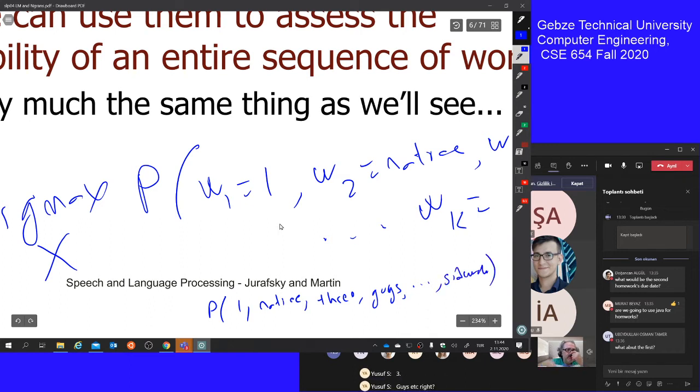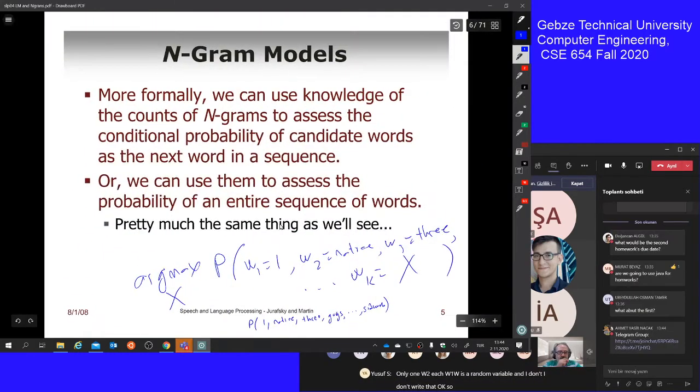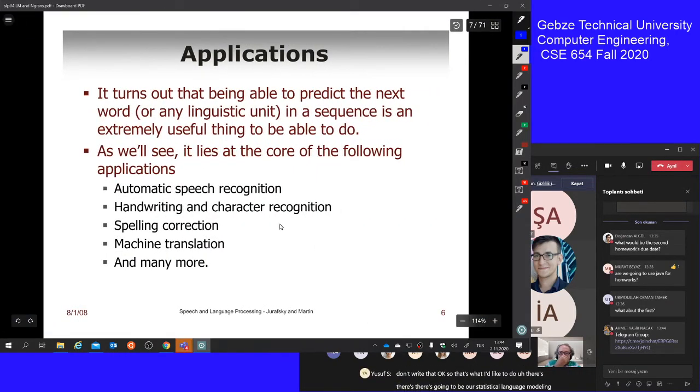I don't write W1, W2. Each W1, W2 is a random variable, and I don't write that. So that's what I'm going to do. That's going to be our statistical language modeling, and this is good for many applications.